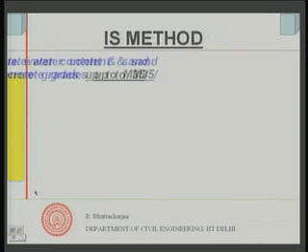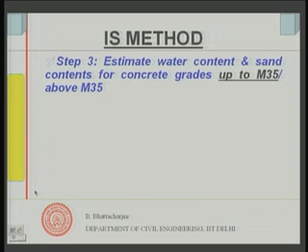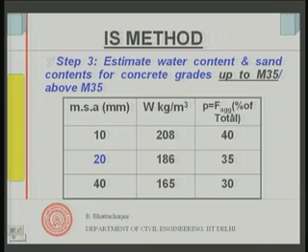Next step is to find out my water content and my sand content, the volumetric percentage of the sand content. Since my grade of concrete is M25, I am using the table that was mentioned for up to M35, which I have just reproduced, and I am using MSA 20.